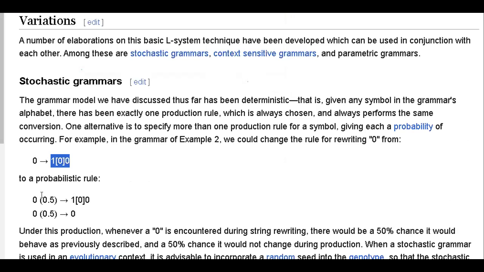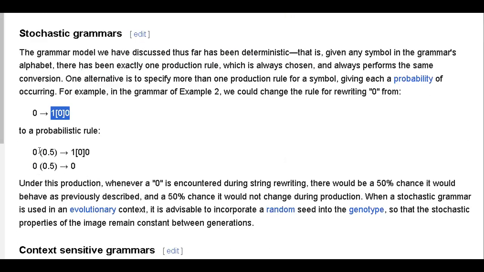But if you specify a probability like this, there's a 50% chance of converting zero into this word, and here also.